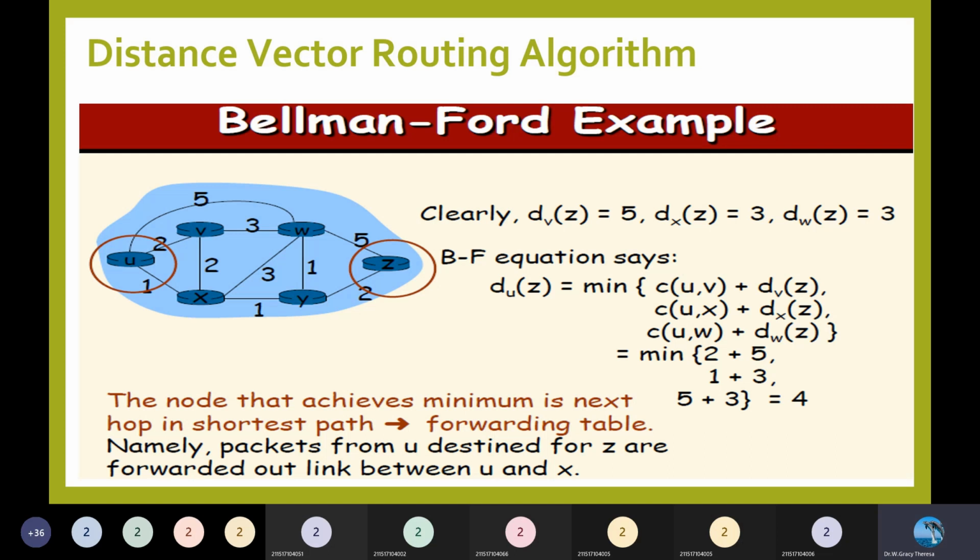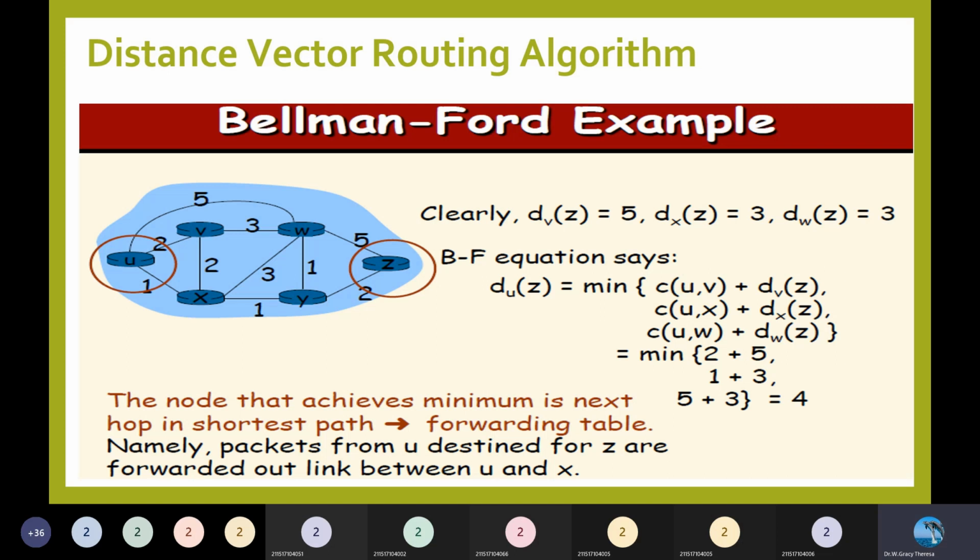Is there only one path to reach Z? No, we have another path. I can travel from V to X, X to W, and from W to Z. From V to X the cost is 2 and X to W is 3, so 2 plus 3 is 5, and W to Z is 5, so 5 plus 5 is 10.